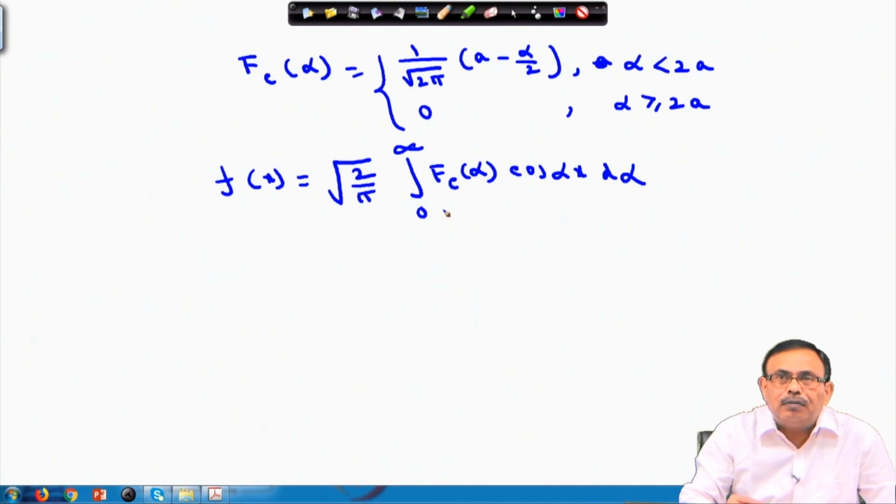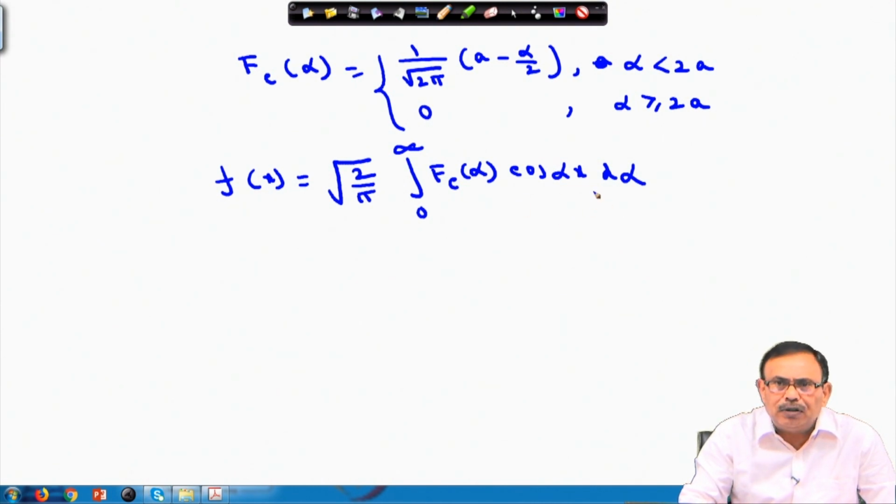So, here the problem is different. I know the Fourier cosine transform, I have to find out the function whose Fourier transform is this one. So, I am using the inversion formula. Using inversion formula, we are writing f x equals root over 2 by pi, 0 to infinity, Fourier cosine transform of alpha into cos of alpha x.